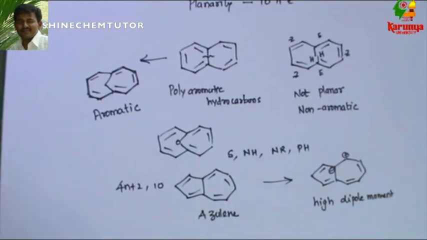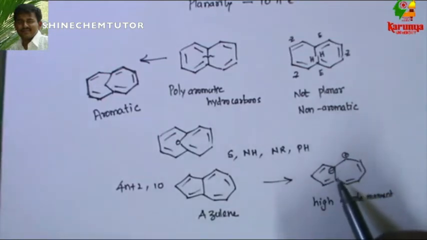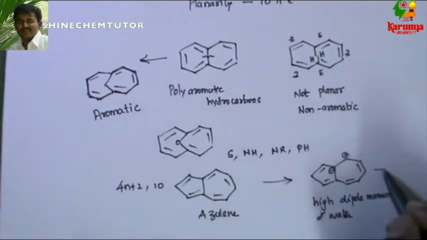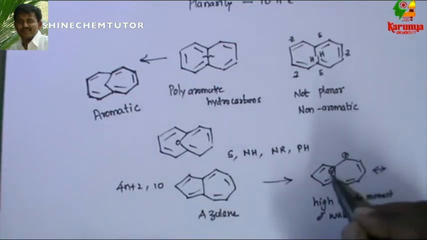That is the reason why this azulene exists in ionic form. It has a high dipole moment. It may be soluble in water to some extent, whereas naphthalene is completely insoluble. But this azulene is soluble in water to some extent. I can go for another resonance structure also, it may be very clear.